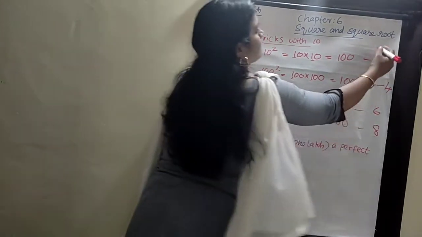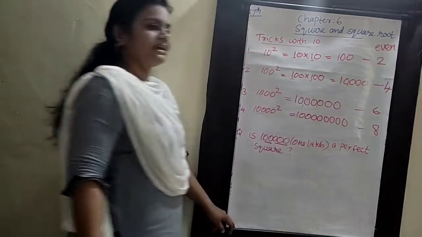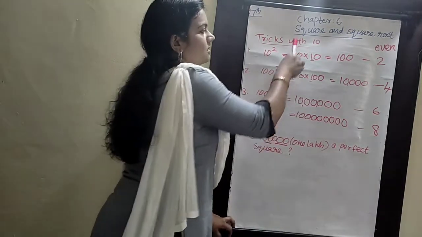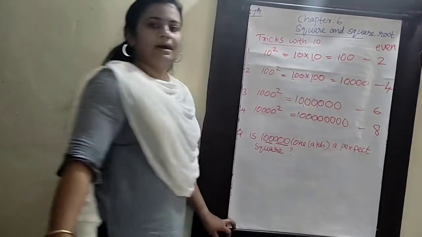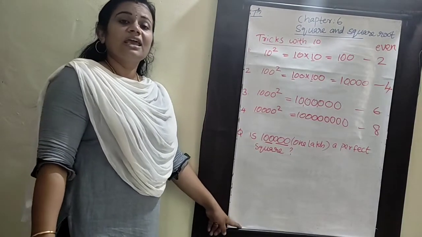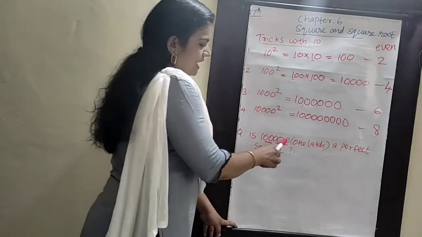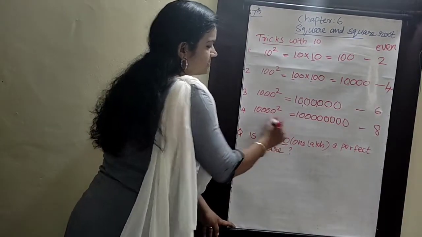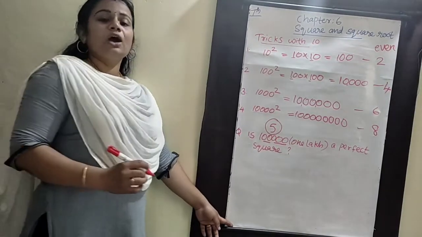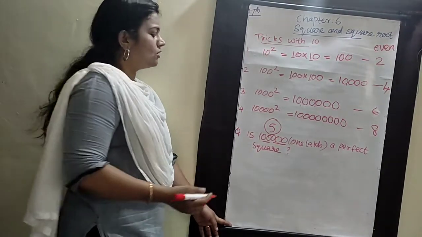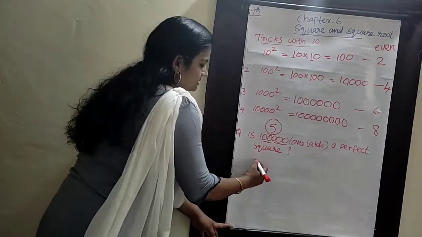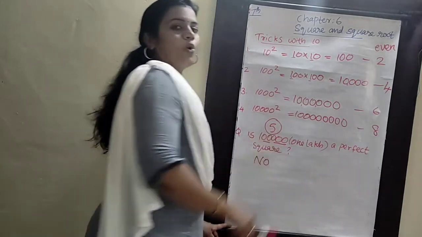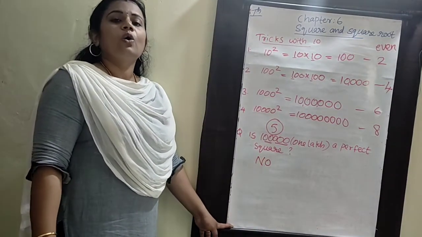Even numbers. In this case, we got all the numbers of zeros as even numbers. In the case of 1 lakh, how many zeros are here? 1, 2, 3, 4, 5. Is 5 an even number? No, 5 is an odd number. So we can say 1 lakh is not a perfect square because the number of zeros is an odd number.